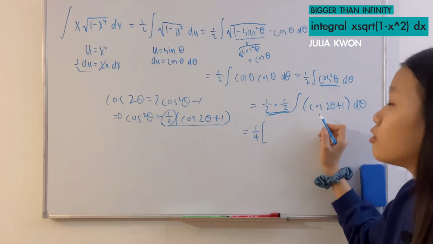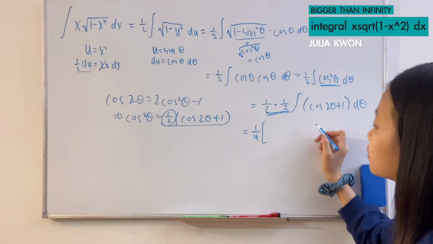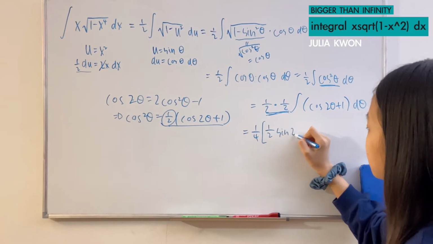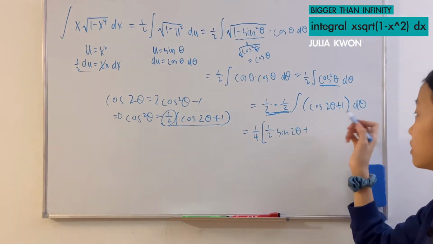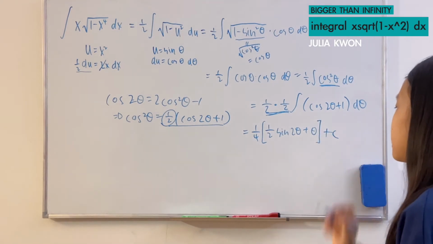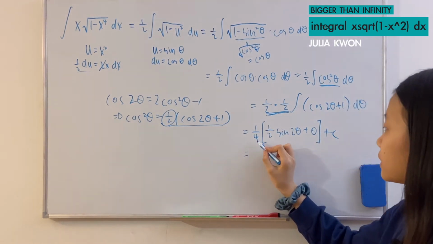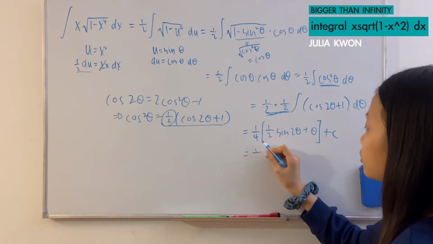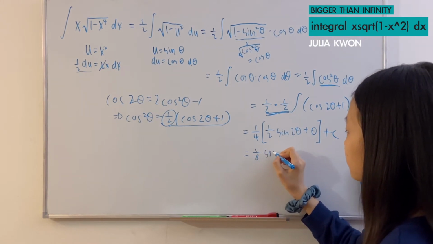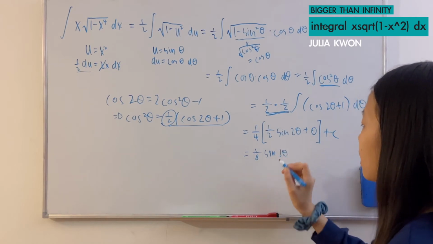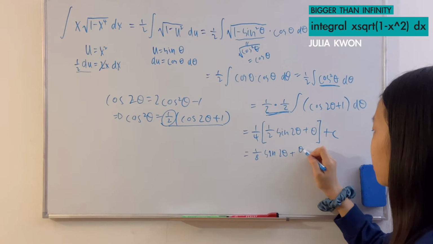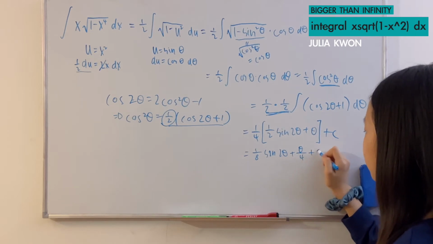The integral of cosine 2 theta is equal to 1/2 times sine 2 theta, and the integral of 1 is just theta, plus c. We can simplify this more by multiplying it out, which then we would get 1/8 times sine 2 theta plus theta over 4, plus c.